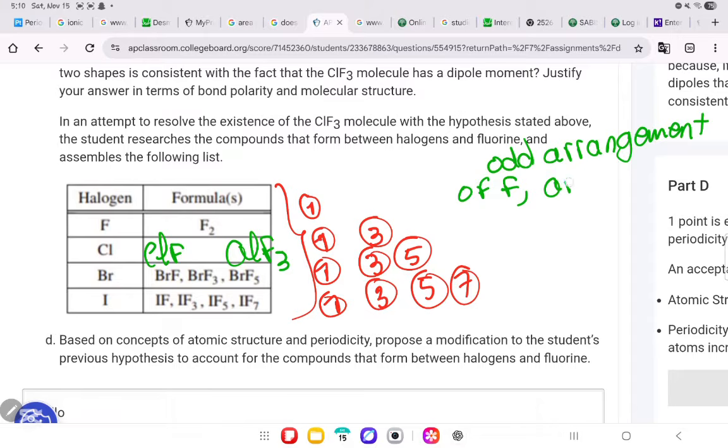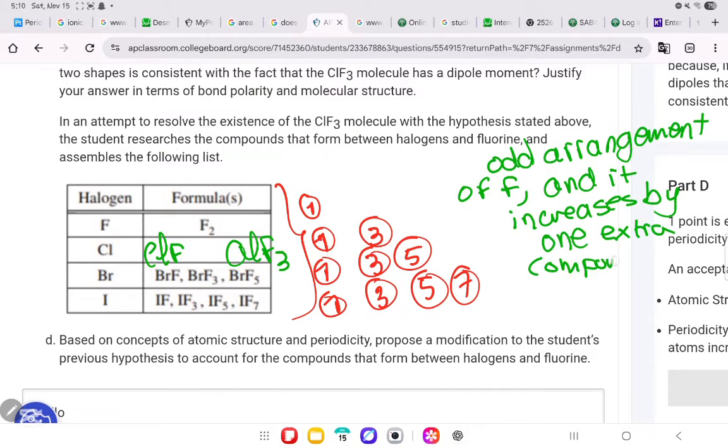And it increases by 1 extra compound as we go down the group.